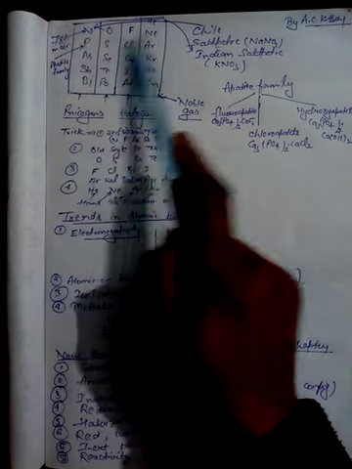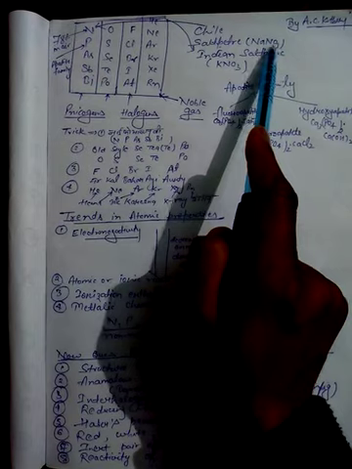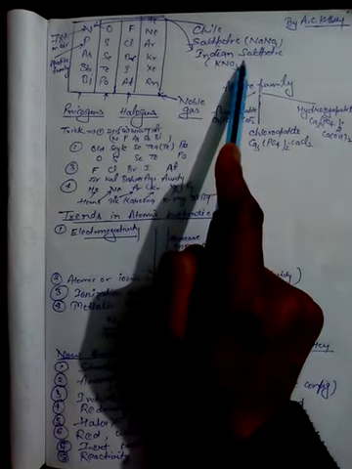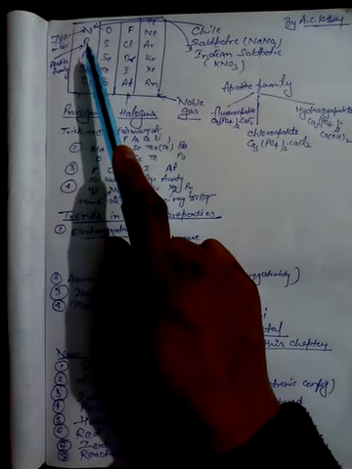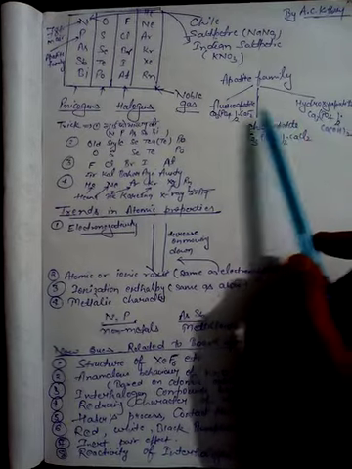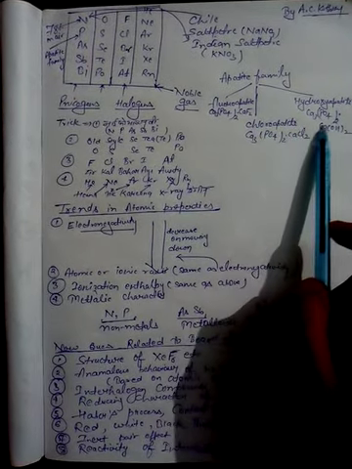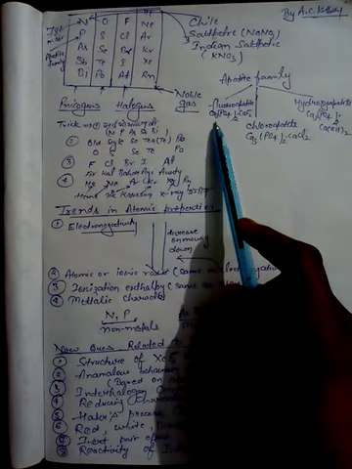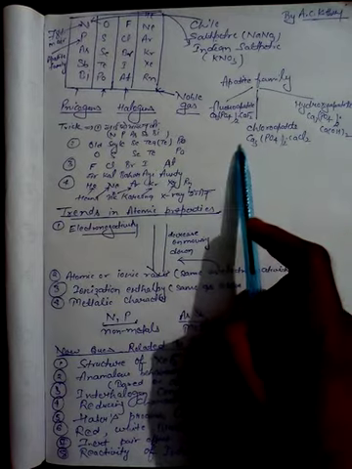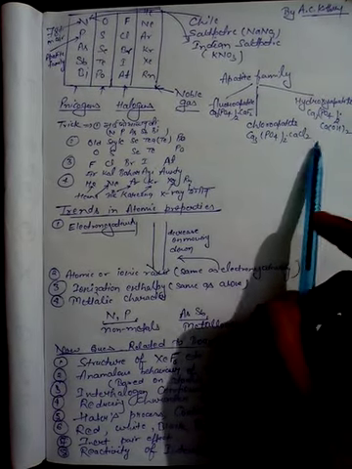Nitrogen is also found as Chile saltpeter, having the formula NaNO3, and Indian saltpeter KNO3. And we have phosphorus as the apatite family: fluorapatite, chloroapatite, hydroxyapatite, having the formula Ca3(PO4)2·CaF2, chloroapatite Ca3(PO4)2·CaCl2, hydroxyapatite Ca3(PO4)2·Ca(OH)2.